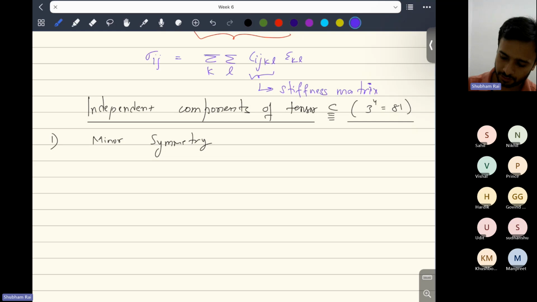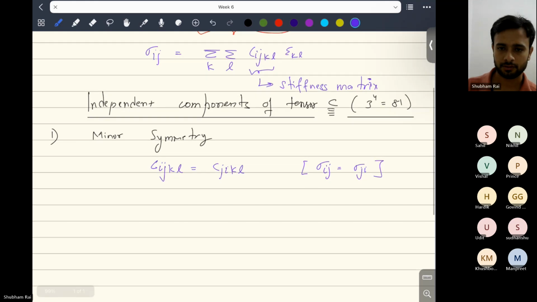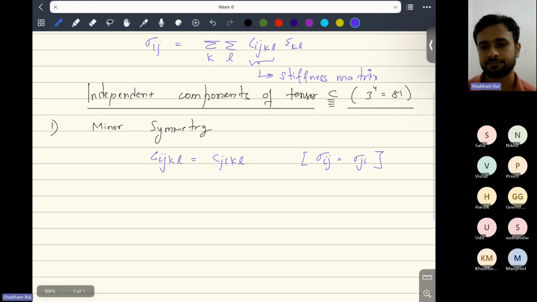So I'm writing here Cijkl is equal to Cjikl. This is because sigma ij is equal to sigma ji, because stress is symmetric. We had derived from the law of conservation of angular momentum that stress is symmetric.